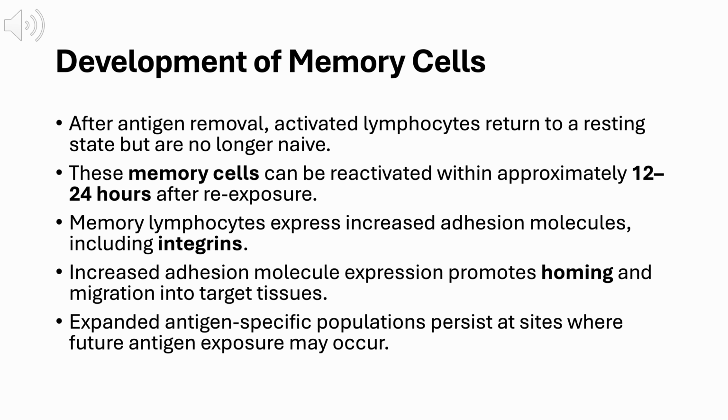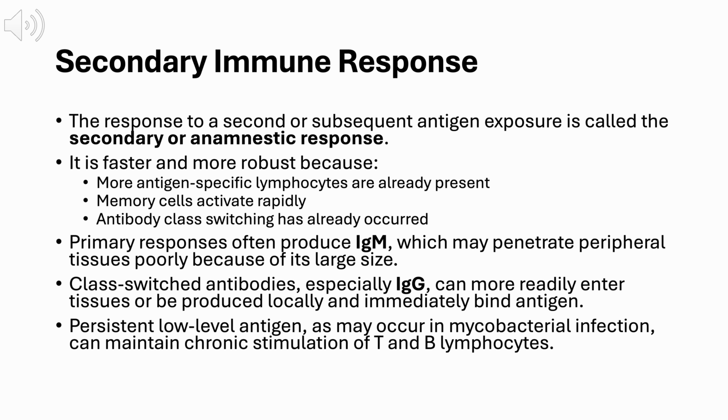Put those pieces together, more cells, faster activation, better tissue positioning, and you have the cellular basis for the rapid, powerful secondary response we'll describe next. This is also, incidentally, why chronic ocular infections can sustain a persistent local pool of primed lymphocytes.